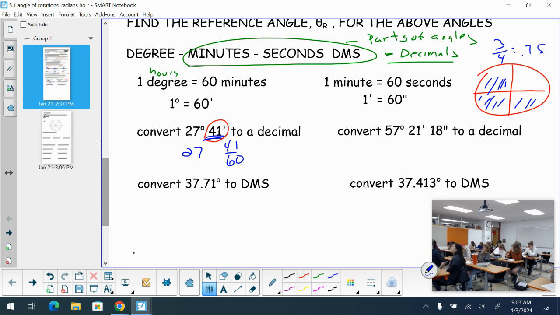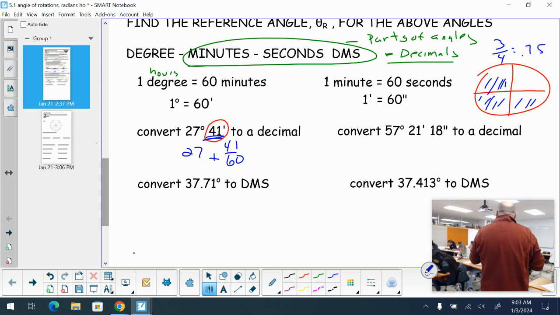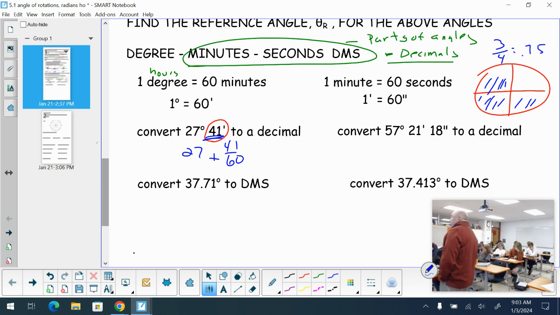This is 27 degrees and 41 minutes, so what mathematical operation do we have? Addition. In our calculator, I can type 27 plus 41 divided by 60 and hit enter, and we come up with a decimal equivalent. 2 decimal places is fine. What do we come up with, Anna? 27.68.